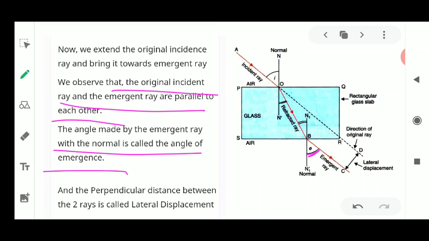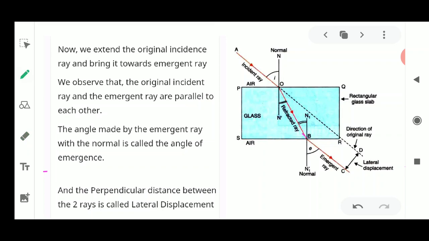And one more thing. If this incident ray would cross like this without bending, it would have been a parallel line, and there is some gap in between. This perpendicular gap is known as the lateral displacement, because the ray has been displaced laterally, sideways. Lateral means sideways displacement has taken place.